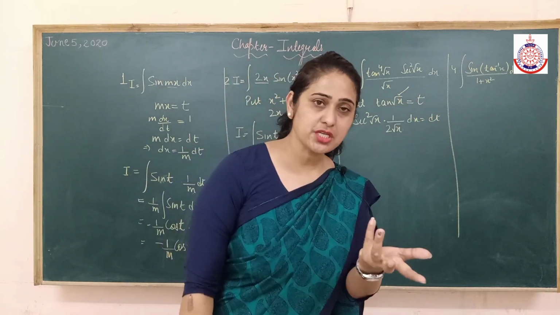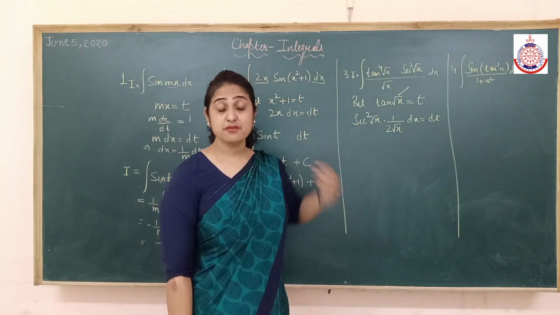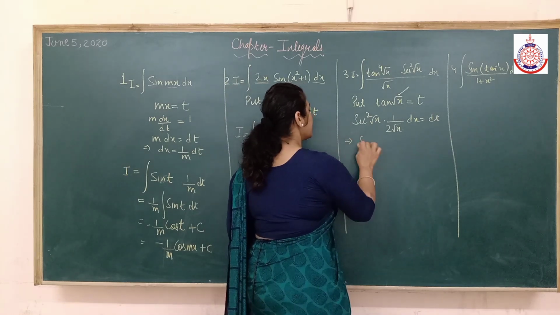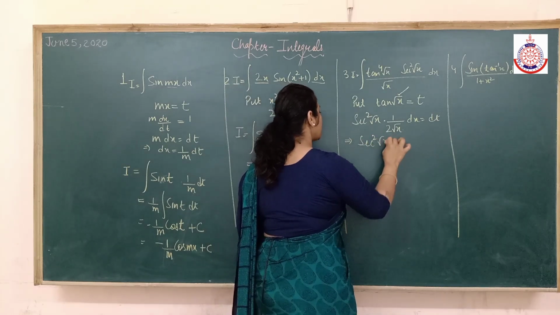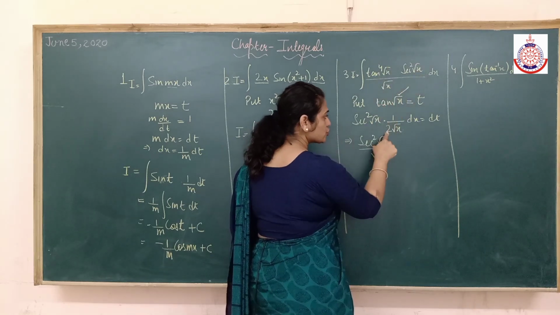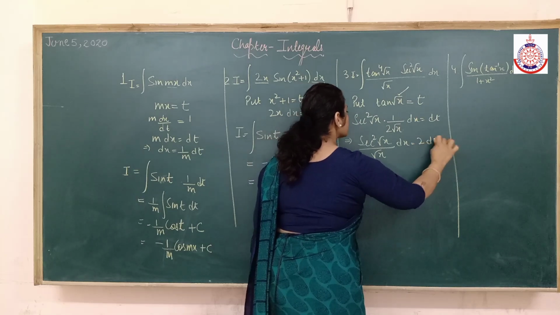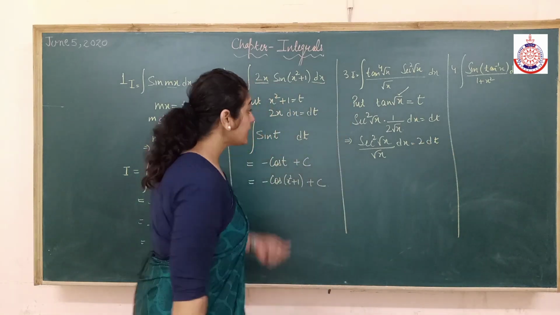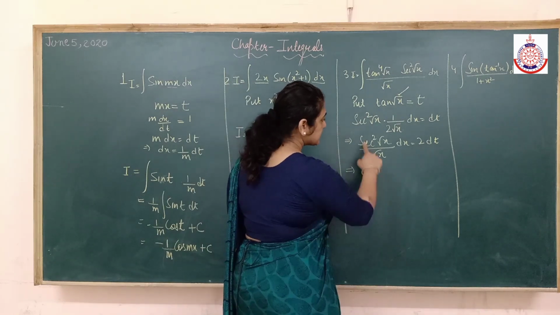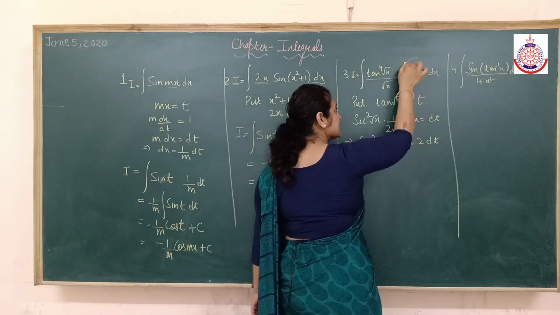How do we differentiate? The power comes in front, reduce the power by 1. So, write it in the proper way. It is secant square root x upon root x. I don't have the 2 in the question, so this constant I can take to any side, that's not a problem. So I'm taking this constant to that side. Is it clear? Alright. So now secant square root x upon root x dx. That means this.